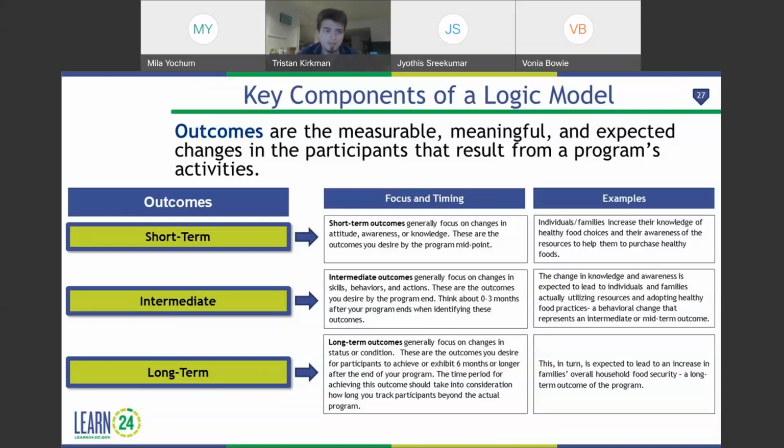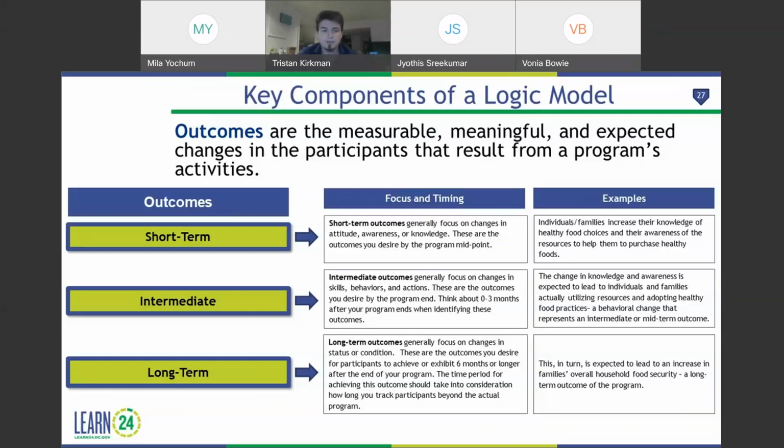So it's important to note that describing outcomes as short, medium, or long-term also depends on the objective, the length of the program, and the expectations of the program or intervention. What is identified as a long-term outcome for one program could be a medium-term outcome for another. Your logic model should reflect your program's theory of change and the sequence of changes necessary to accomplish your program's long-term results.